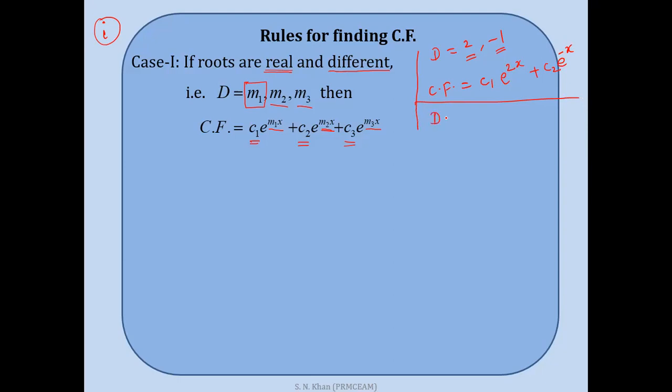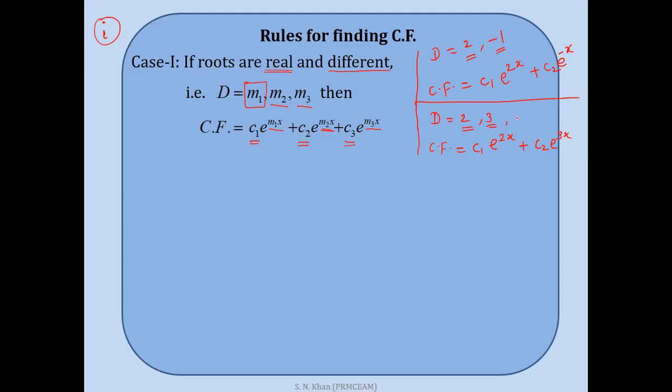Similarly, if we are having D equal to 2, 3, then CF will become C1 into e to the power 2x for the first root, plus C2 into e to the power second root, it is 3, so it will become e to the power 3x.